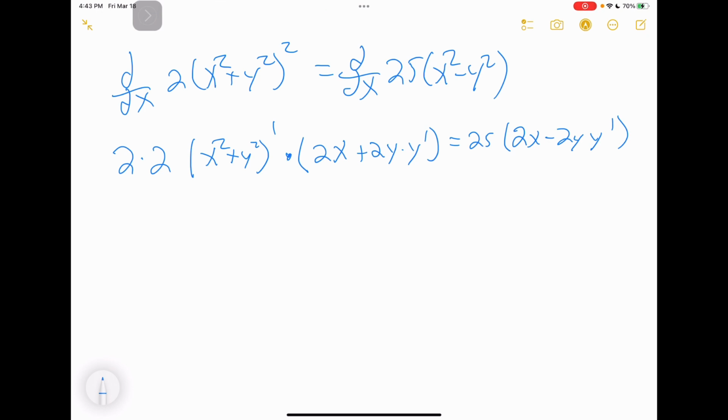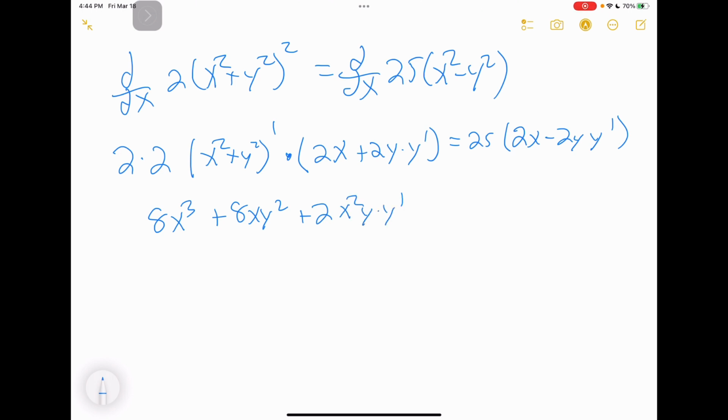Now on the left-hand side, if you just notice, we have 2 binomials. It may not look like it, but we do. So we're going to multiply through. That's 2 times 2 is 4 times x squared times 2x gives us 8x cubed. 2 times 2 times y squared times 2x is going to give us plus 8xy squared. Again, 2 times 2 times x squared times 2y is going to be plus 8x squared y times y prime.